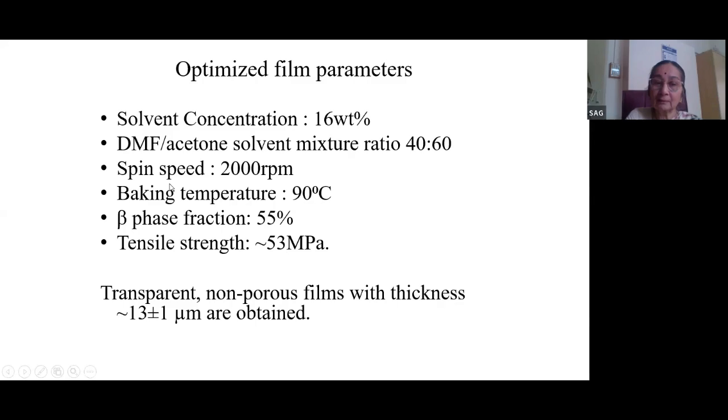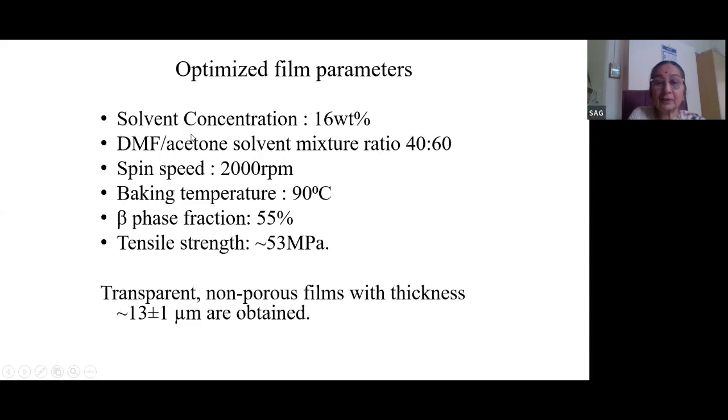We used these parameters for making our PVdF films and could do it successfully from batch to batch. The films were transparent and non-porous, with a thickness of 13 ±1 micrometer.